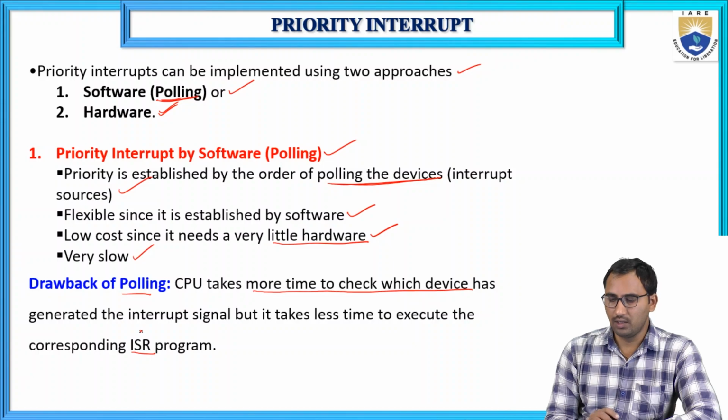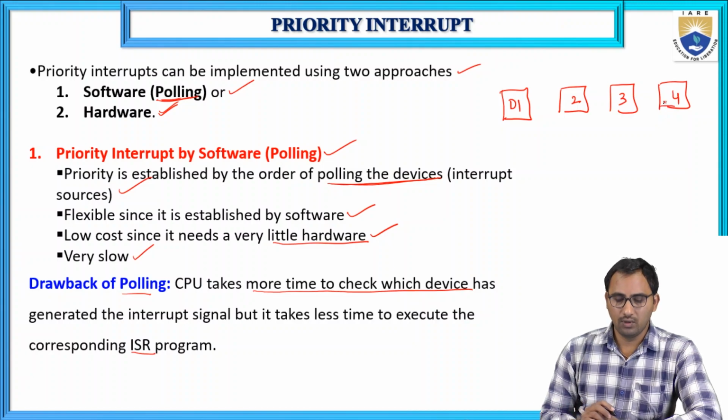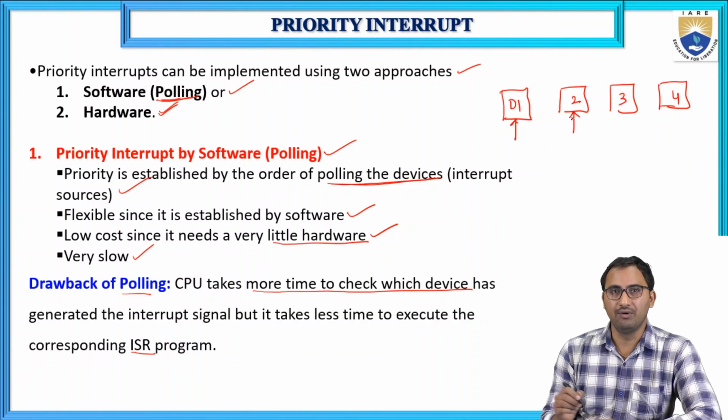See here, suppose you have 4 devices: device 1, device 2, device 3, device 4. In polling, first we check whether the first device has generated the interrupt or not. If the first device has not generated the interrupt, then we check the second device.